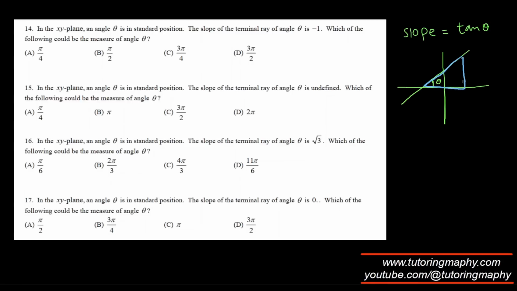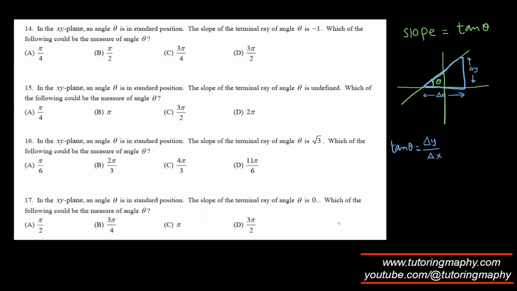What is slope? Slope is rise over run, right? So rise is this, which is change of y, and run is this, which is change of x. And slope is rise over run. And don't you think, guys, this is nothing but the property of tan, because tan is opposite over adjacent, right?